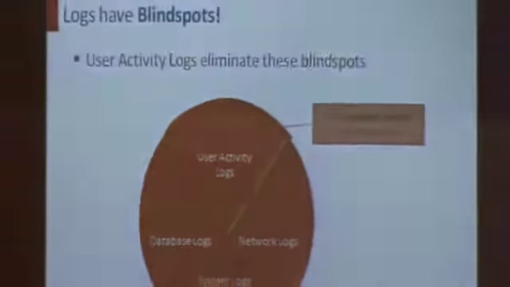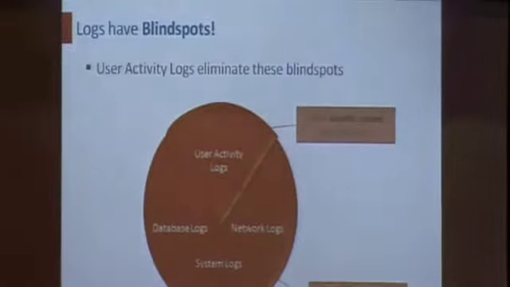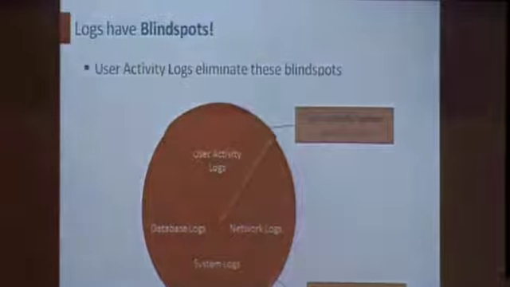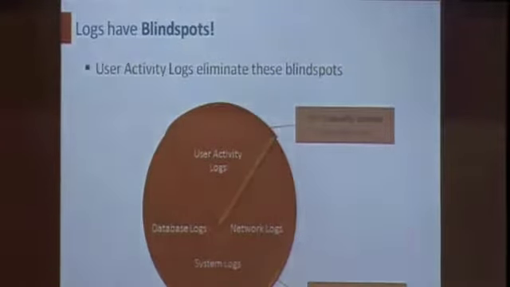Now, one of the tools to help you address those blind spot issues is user activity logs. And this is something that ObserveIT does, of course. What are the user activity logs and the other logs that you see on the screen here? Take a crime scene, as an example, where you will find fingerprints. These are just like the database logs, the network logs and the system logs.